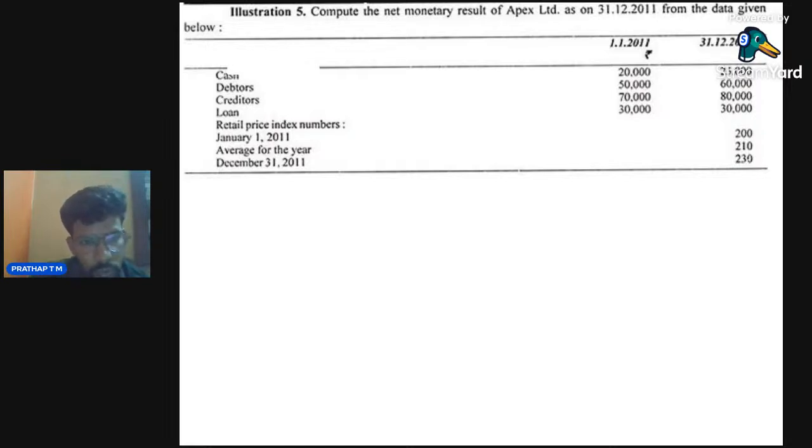1 lakh into 230 divided by 200. That is what we have to do.